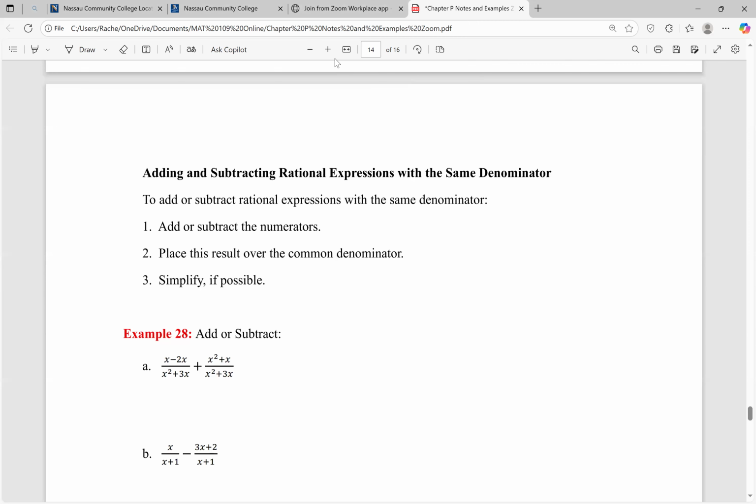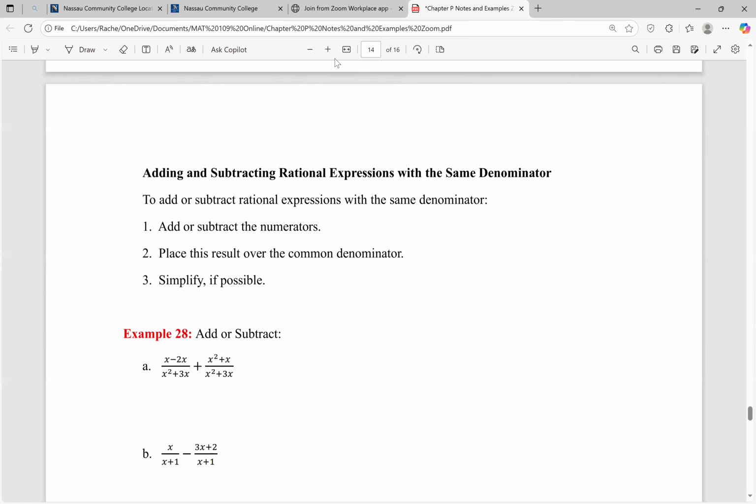And remember, rational expressions are just a quotient, or a fraction, but in order to add or subtract fractions, we need to have the same denominator. So in order to add or subtract rational expressions with the same denominator, we add or subtract the numerators, and then we place the result over the common denominator, and then we simplify.